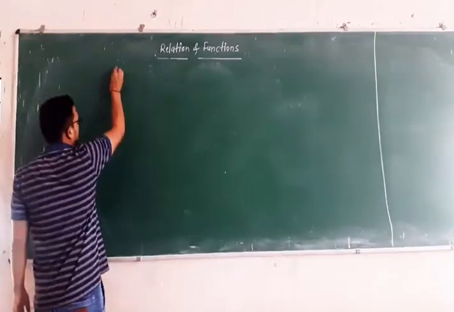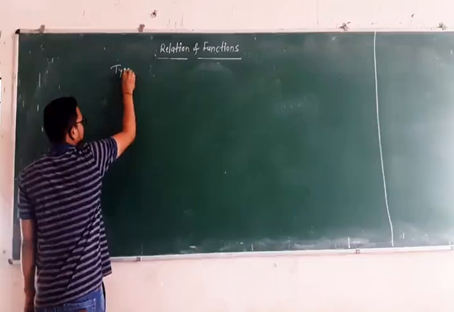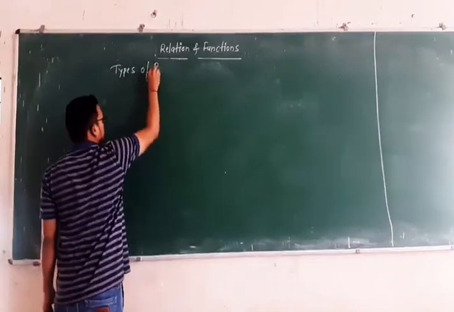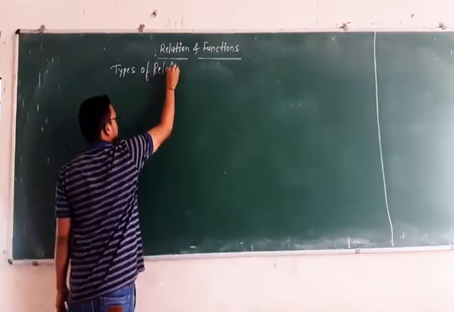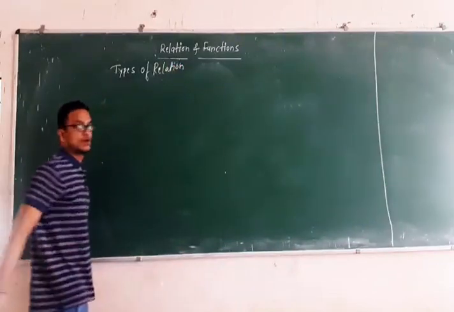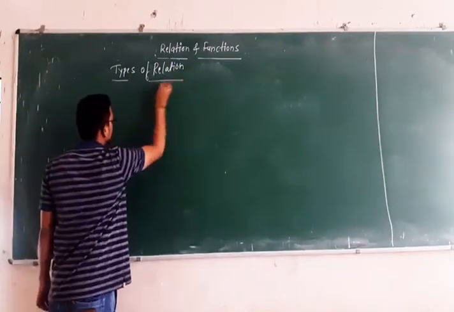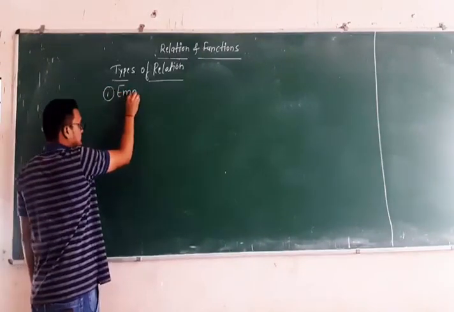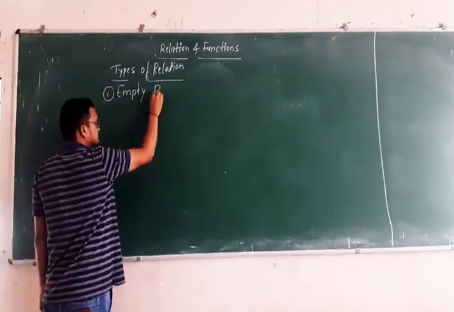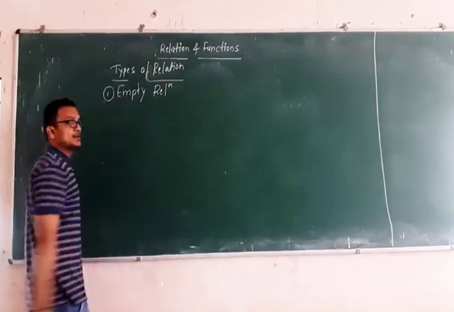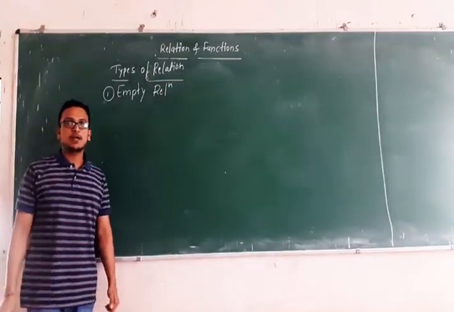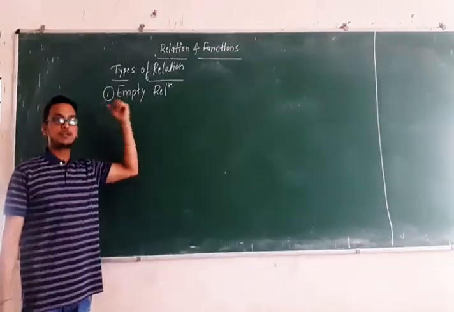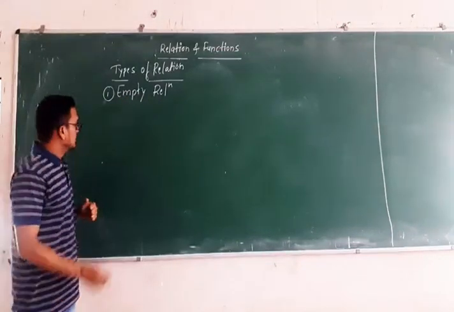We are going to start with the types of relations. In this, the first type is the empty relation. Now what is meant by an empty relation?